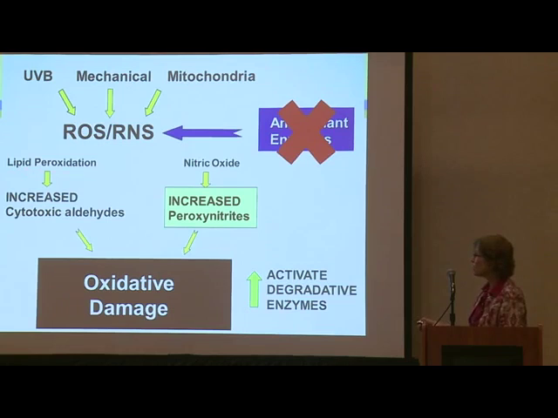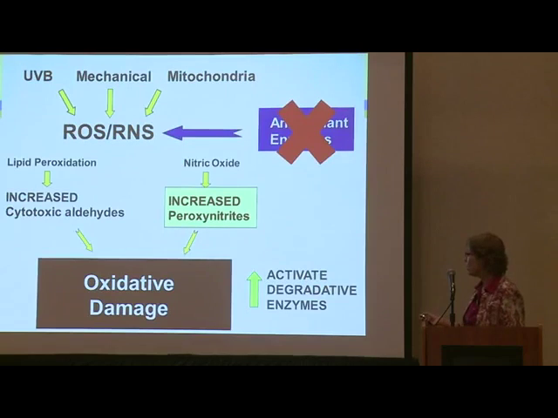One pathway is called lipid peroxidation, and that forms aldehydes. Well, we know aldehydes aren't good. And the other is through the nitric oxide pathway, and those form peroxynitrites. Both of these cause oxidative damage. When you have oxidative damage, it feeds back and increases the degradative enzymes. So it's sort of like a cycle that is occurring.